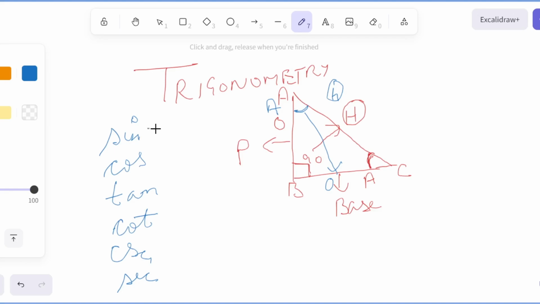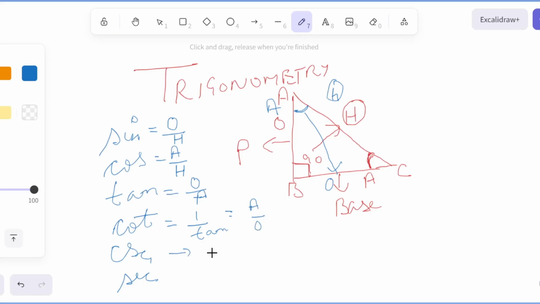Sine is always opposite upon hypotenuse. Cos is adjacent upon hypotenuse. Tan is opposite upon adjacent. Cot is 1 upon tan, so the ratio will be just the inverse of tan, that is adjacent upon opposite.